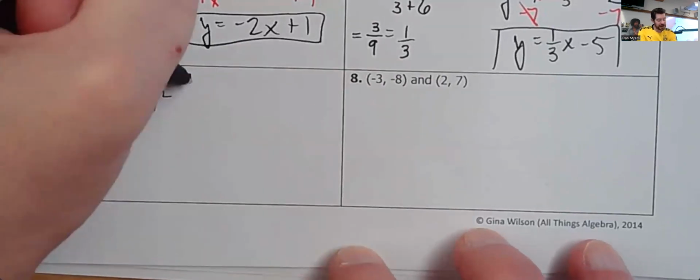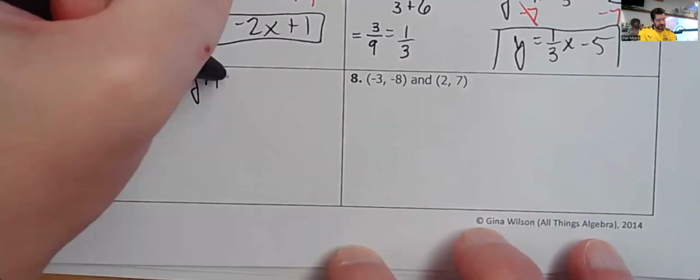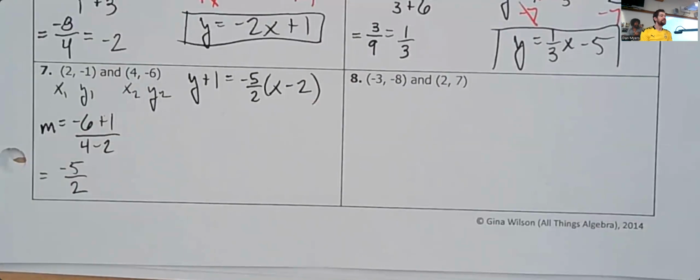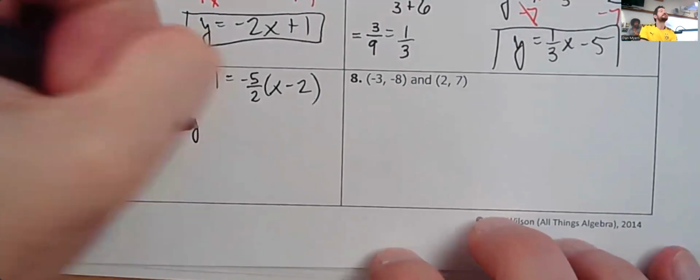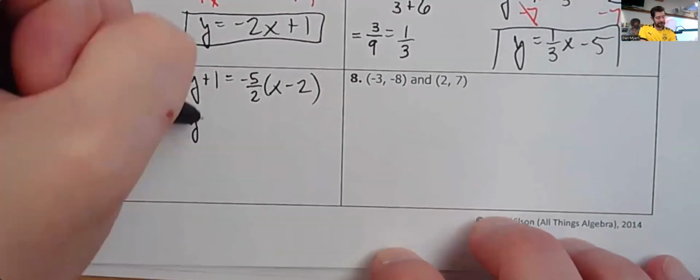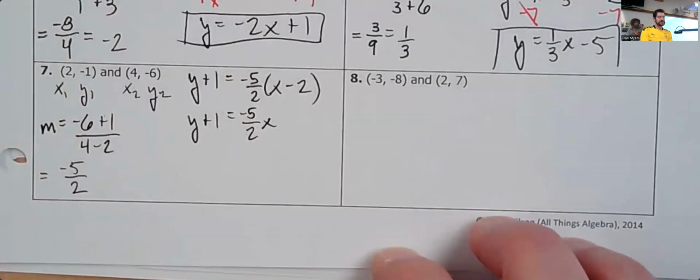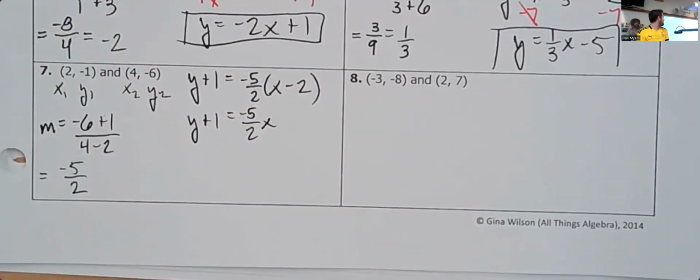All right, so we're going to have y plus 1 equals -5/2 times x minus 2. Yeah, go for it. What's -5/2 times -2?